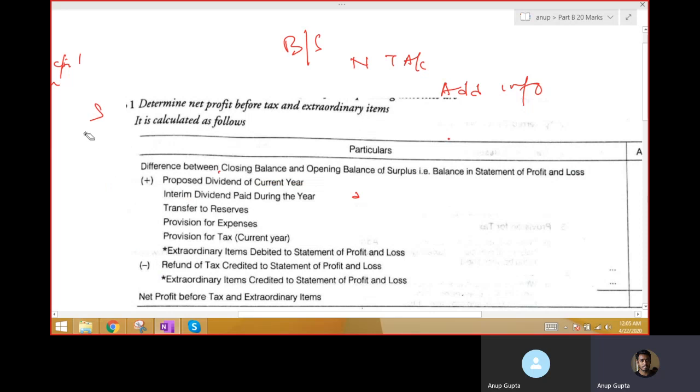What is step B? Step B is adjustment of non-cash and non-operating activity.